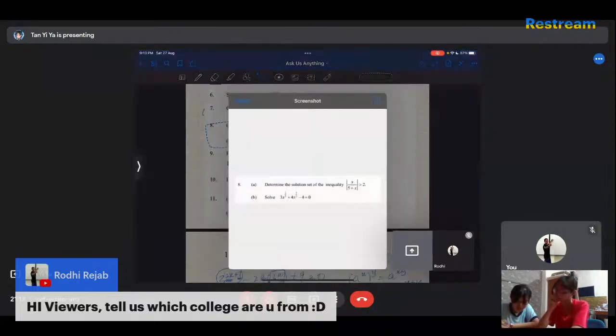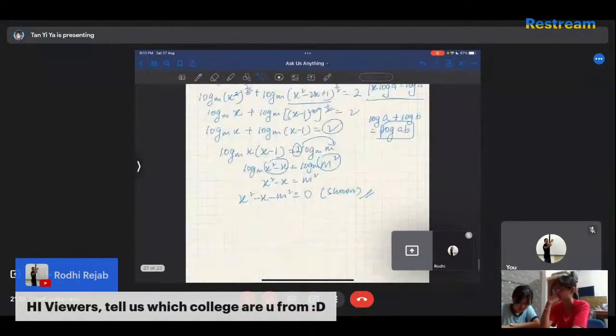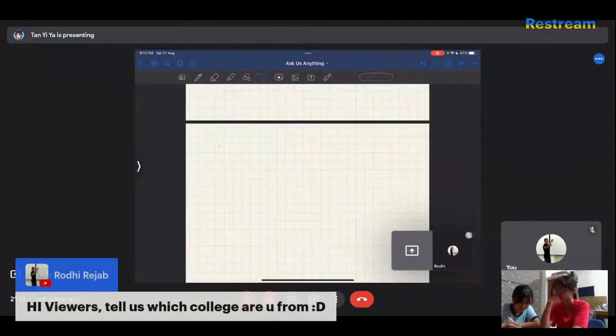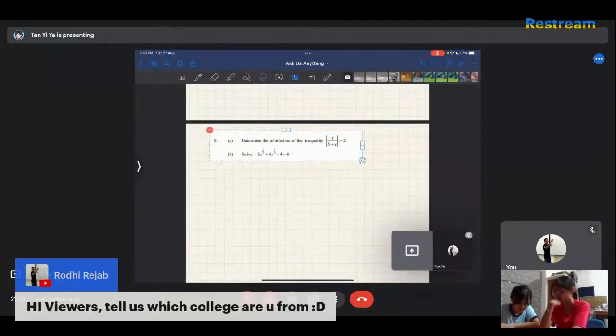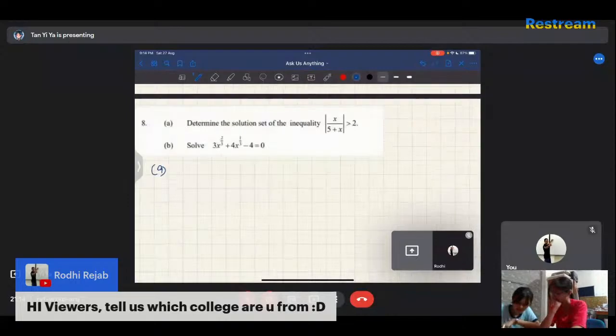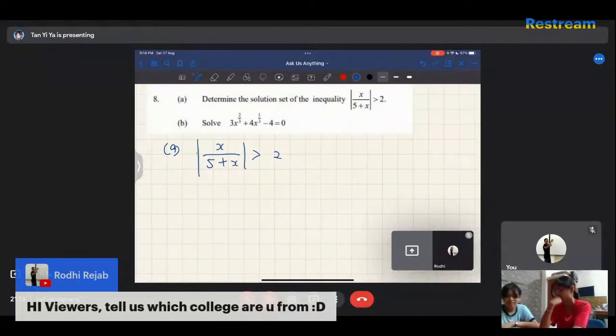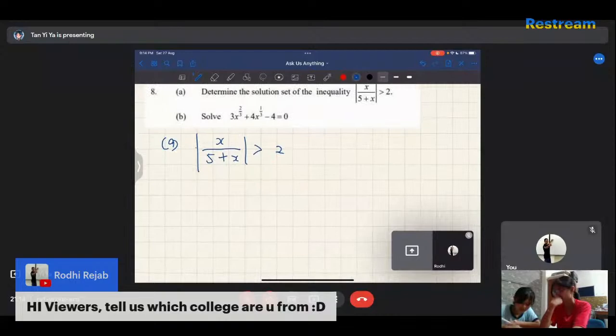So I will be explaining questions about inequalities today. Then let us start now. First of all, when you see a question like this, there's a modulus, which means there's an absolute value on the left hand side, and then there's a value 2 on the right hand side.